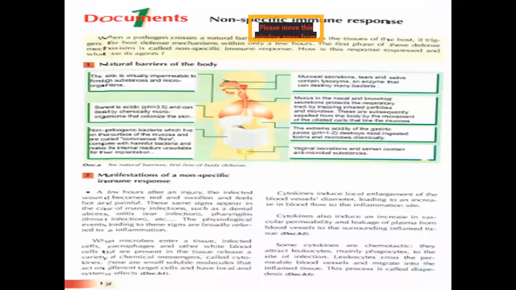Let's start with document 1, the non-specific immune response. When a pathogen crosses natural barriers inside the body or the tissues in the host, it triggers the host defense mechanism within a few hours. The first phase is called the non-specific immune response. Before we start with the non-specific, let's remember together what we talked about in the introduction to the immune system.